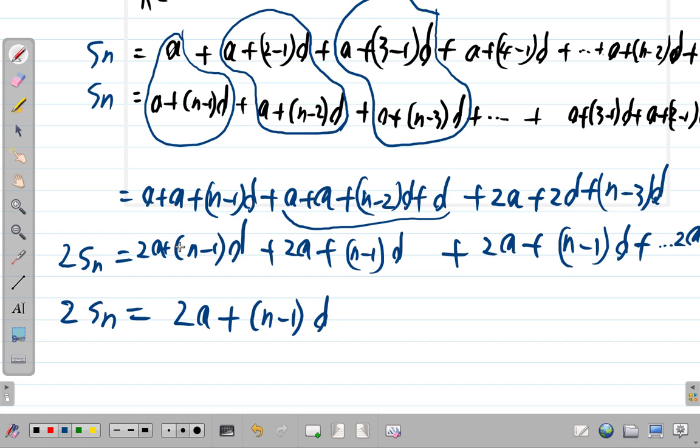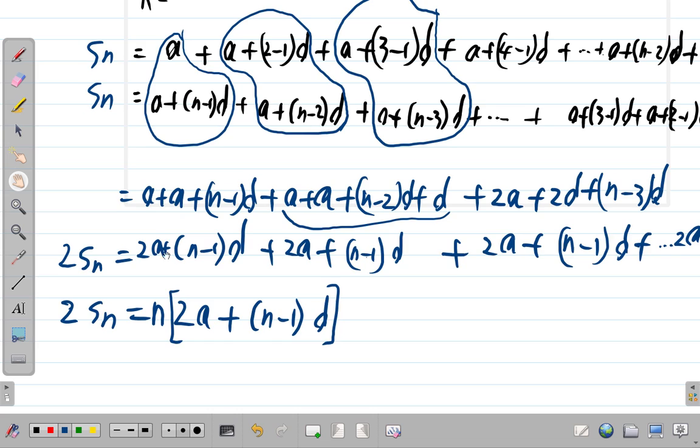You have it repeating itself. So here you have n, the number of that is n, whatever n is. So it's 2 times the sum of the n terms equal n times 2a plus n minus 1d.